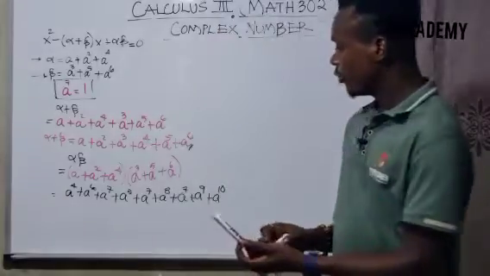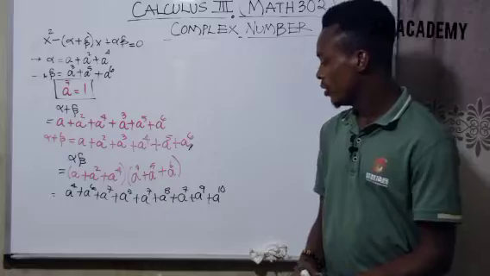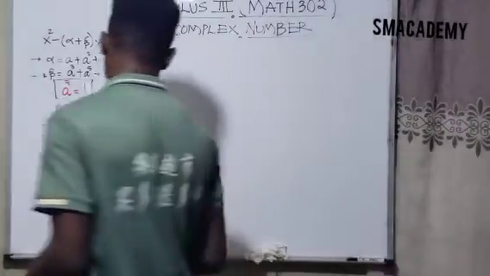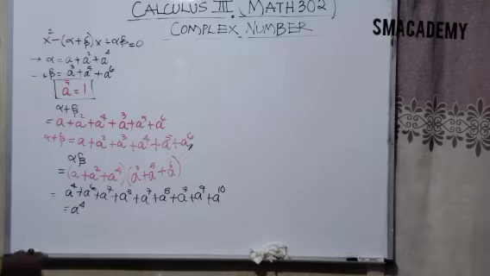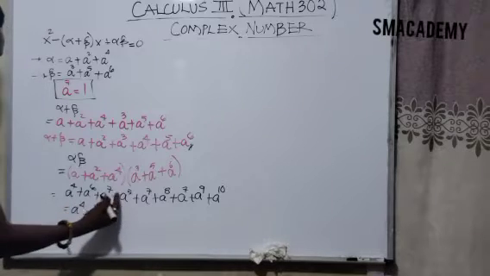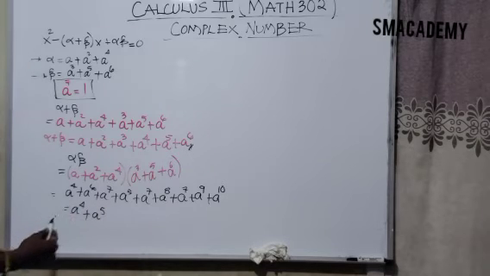So we can add the like terms and arrange them in terms of increasing power. The least power we have here is a to the fourth power, so we have a to the fourth power plus a to the fifth power. The next is a to the sixth power.